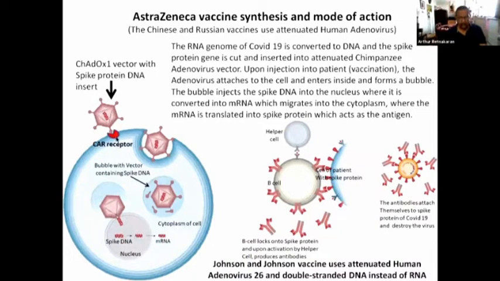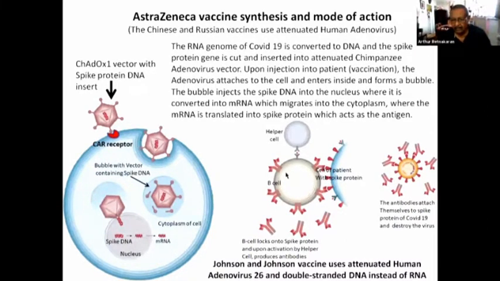And this one uses a special receptor called the CAR receptor on the surface of the human cell and enters the human cell. And it forms a bubble with the spike DNA. And this bubble breaks, and the spike DNA is injected into the nucleus. When it's inserted, it is converted into messenger RNA and sent outside into the cytoplasm. Once it goes into the cytoplasm, the mRNA is translated in the ribosomal factory into the protein for the virus.